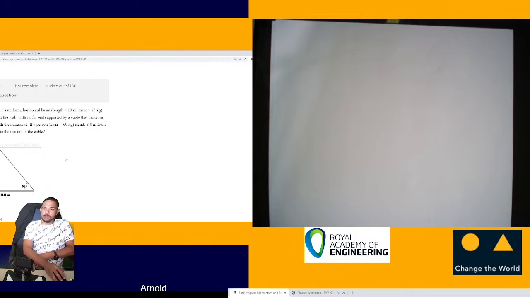For some reason you are only seeing a part of this beam. I don't know, let me see. You guys are not seeing the complete picture. It's still lagging a bit. I don't know why it's not showing the complete thing.